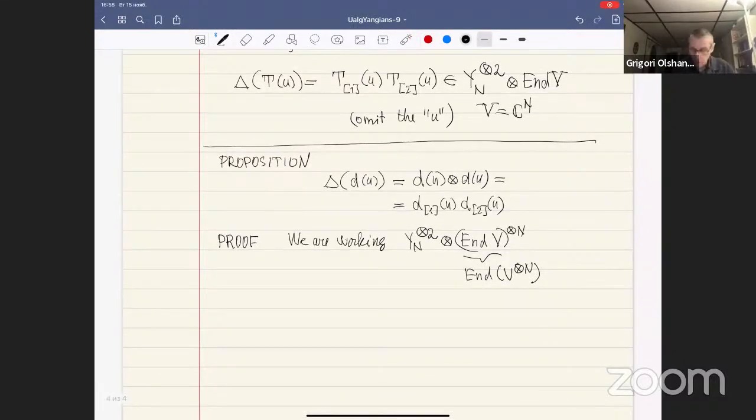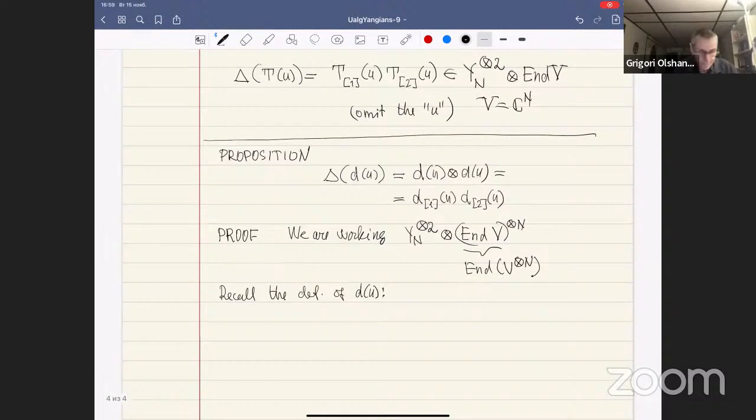And I recall the definition of the quantum determinant. It is based on some non-trivial relation. I recall that this is the normalized anti-symmetrizer in the group algebra of a symmetric group.